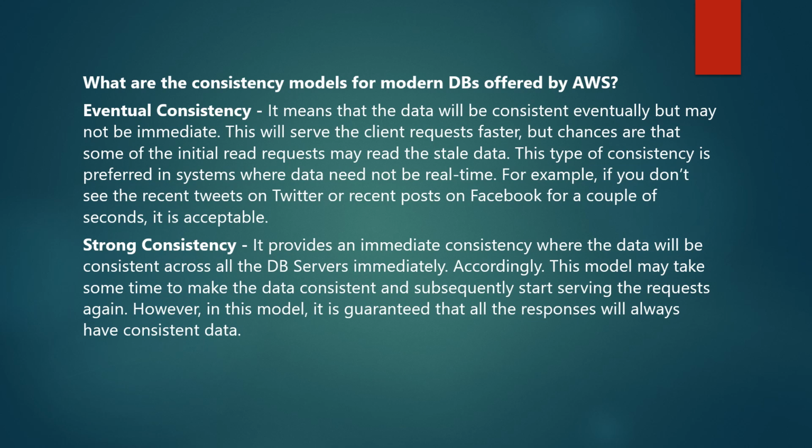Next question. What are the consistency models for modern DBs offered by AWS? Eventual consistency. It means that the data will be consistent eventually but may not be immediate. This will serve the client request faster, but chances are that some of the initial read requests may read stale data.